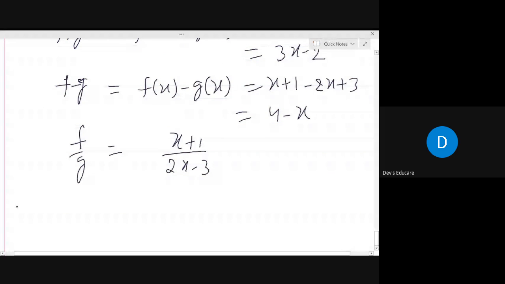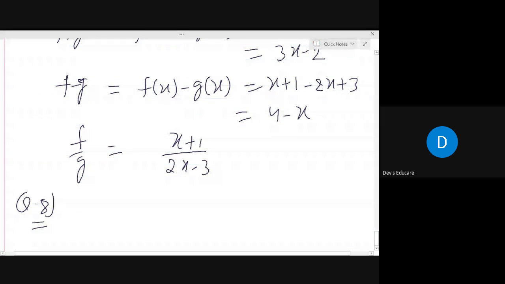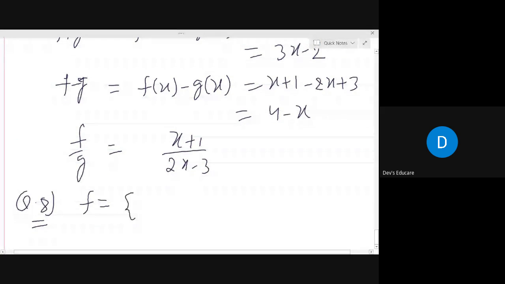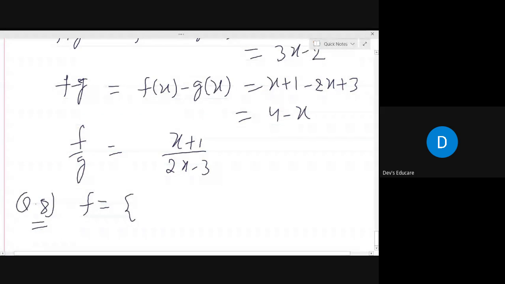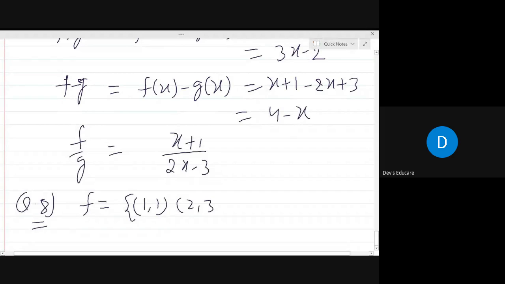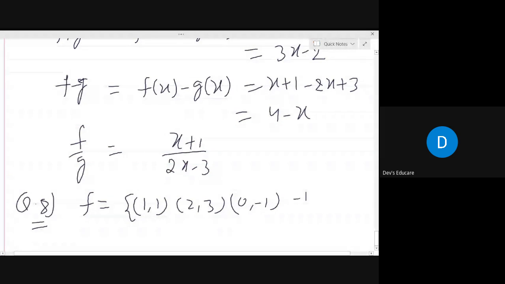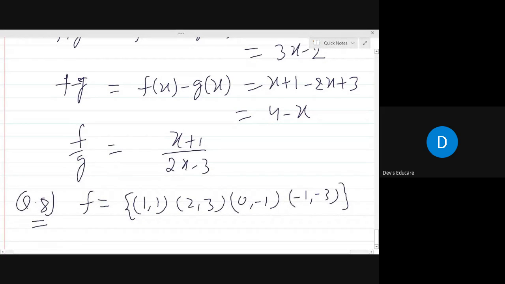Question number 8. We have f = {(1, 1), (2, 3), (0, −1), (−1, −3)}, and the function is defined from Z to Z. What does it mean?